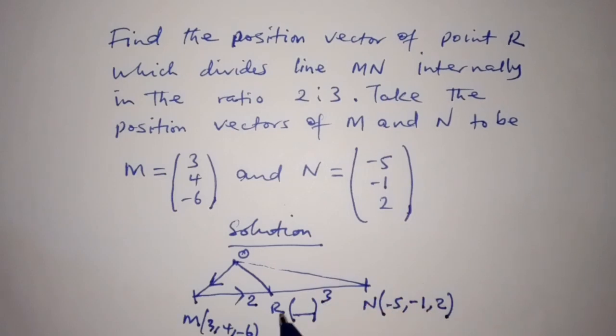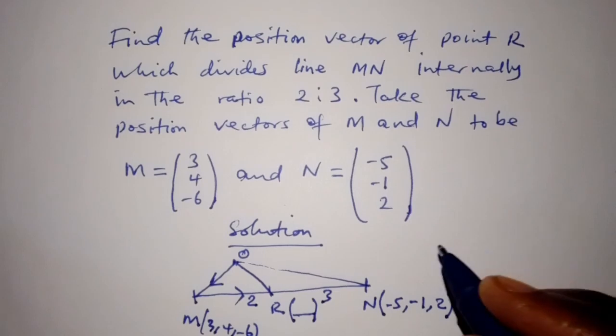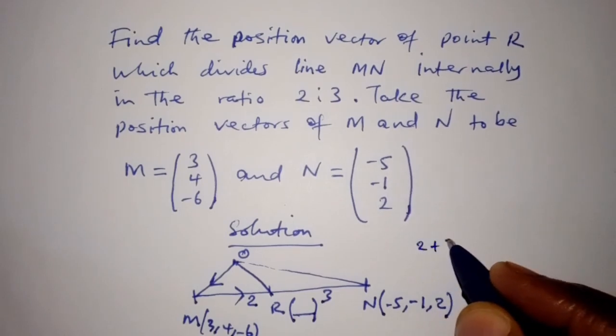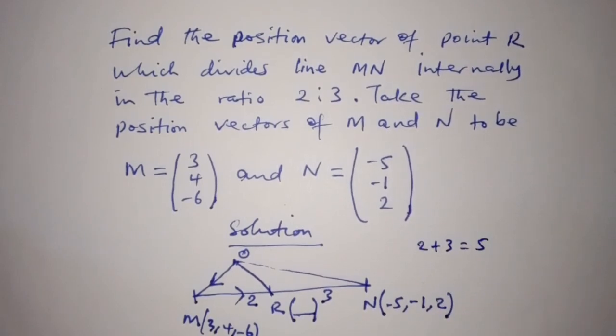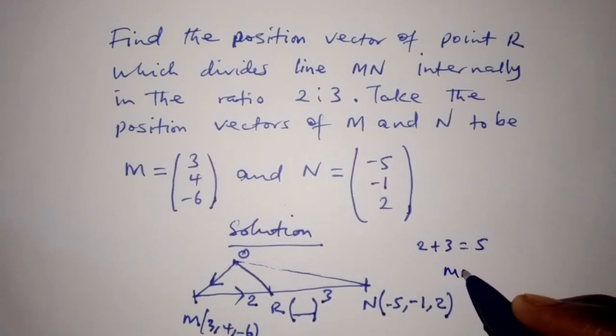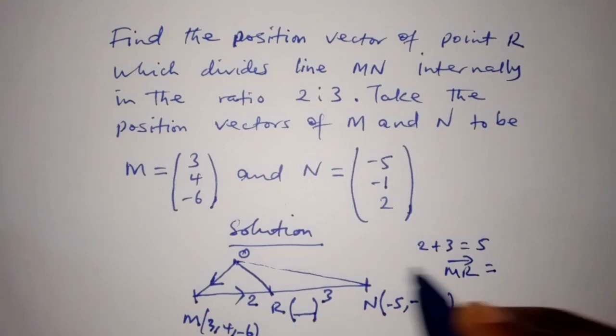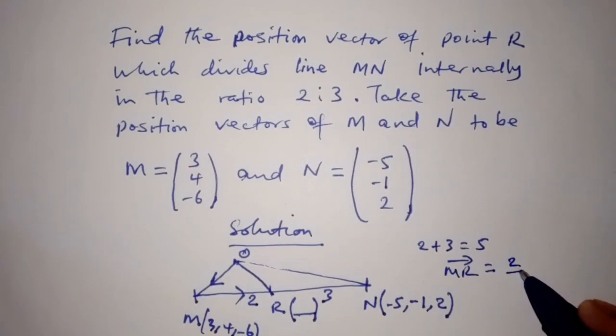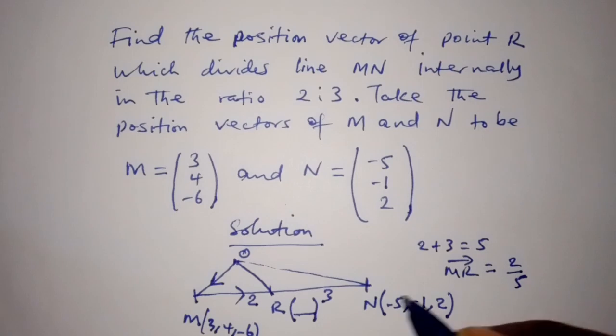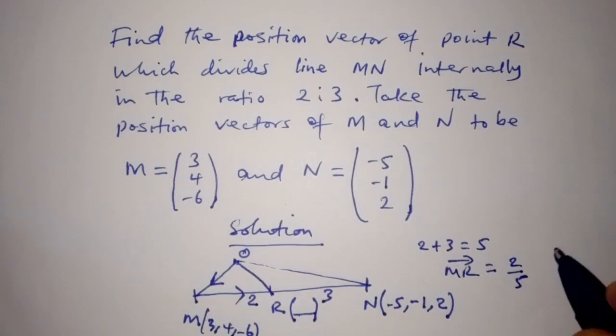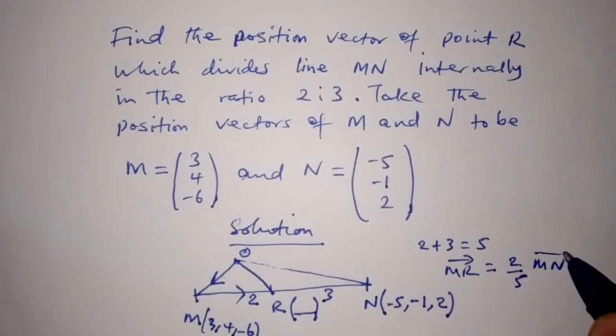So we are having 2 to 3 parts, which is 2 plus 3, giving us 5 parts. So it means that here vector MR will be 2 over 5 of vector MN.